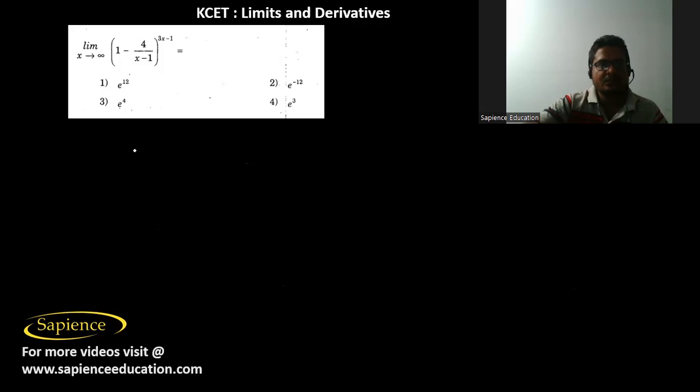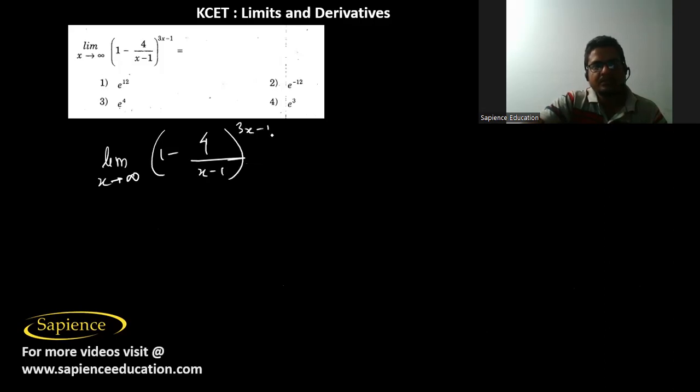Then here it is told to find the limit as x tends to infinity of (1 minus 4 by (x minus 1)) whole power (3x minus 1). Now if we put x equal to infinity, this will be a 1 power infinity form.